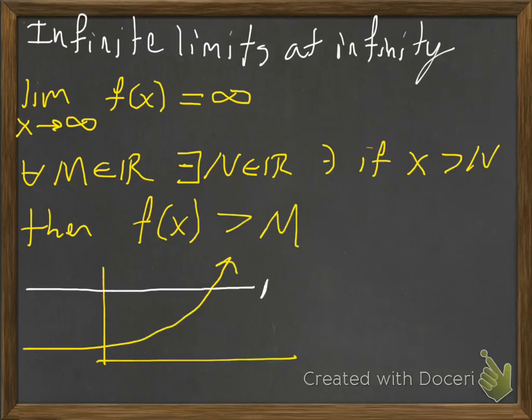And this is the one that I thought I drew a picture of earlier. So here's our function in yellow here, and then m is some horizontal line, and it's just saying that any large number we pick, we can find an n such that any x beyond that is going to be above this line.